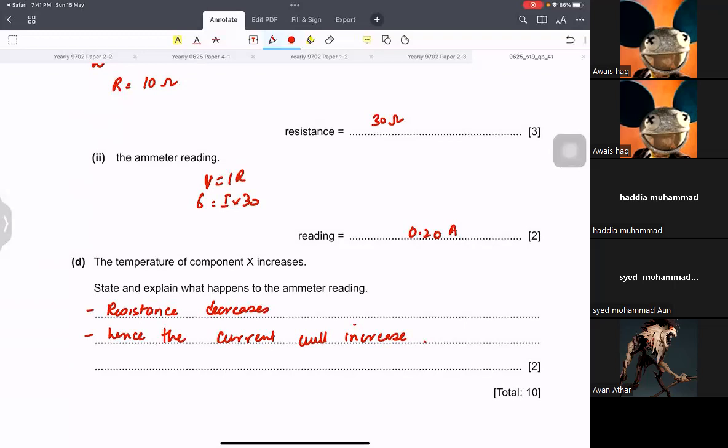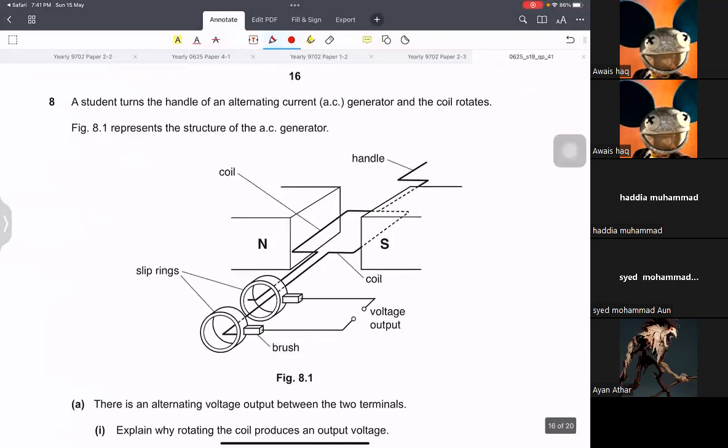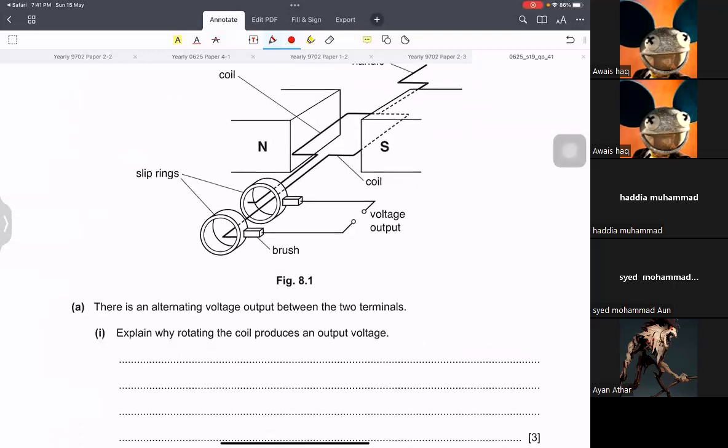All right. The next: a student turns the handle of an alternating current generator. The coil rotates. Explain why the rotating coil produces EMF. So this is what I explained yesterday as well.